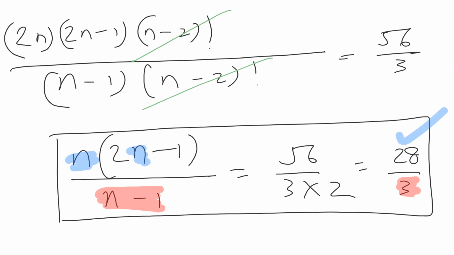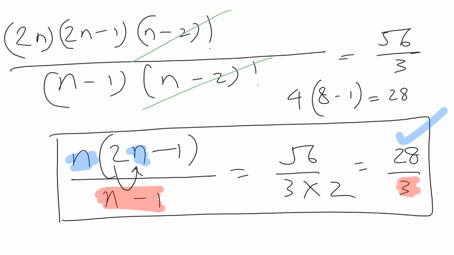Are you checking? So if n is equal to 4, so 4 into 8 minus 1, this is equal to 28. So that means n is equal to 4.